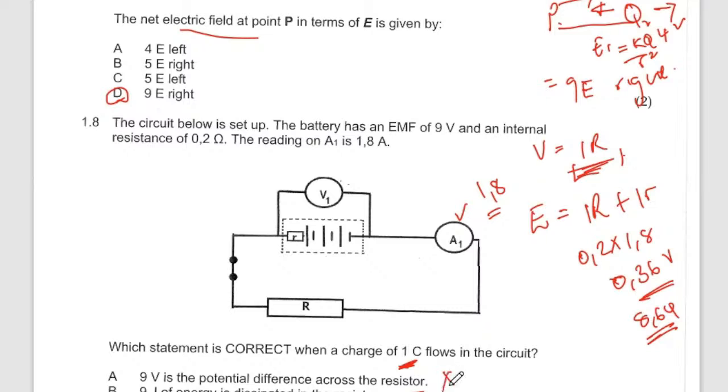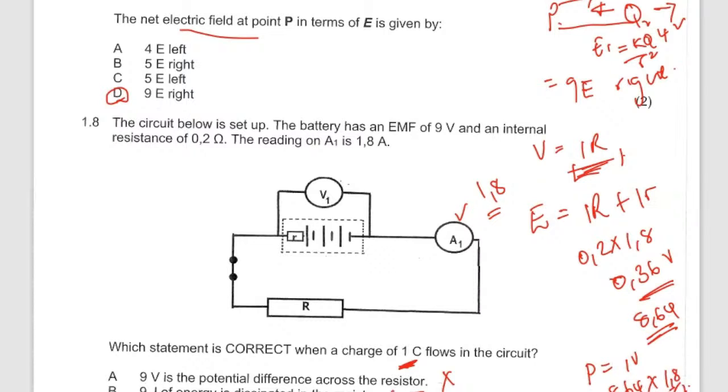Then 9 joules of energy is dissipated within the resistor. When you look at the power, you know that power is current times the voltage. So the voltage is 8.64, the current is 1.8. So 8.64 times 1.8, I'm getting 15.552.